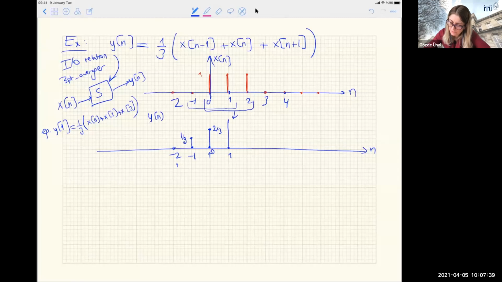So it's going to be 1, okay? And at 2, it's going to be again 2 over 3. And at 3, this is going to be 1 over 3, and at 4, it's all zeros, right? Because it's not touching anything at 4. Okay, 5, 6, etc. And the same for -2, it's 0 and so on.